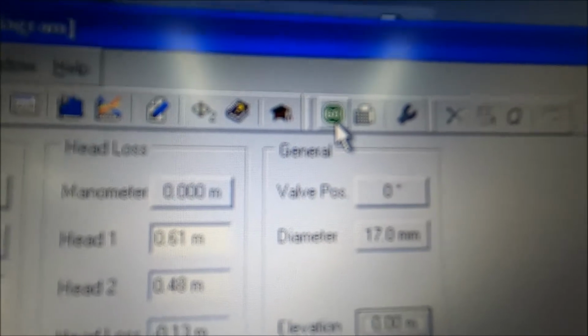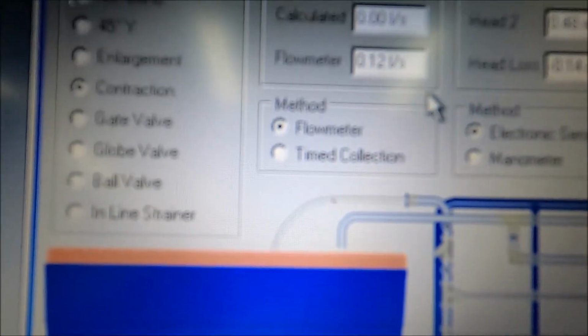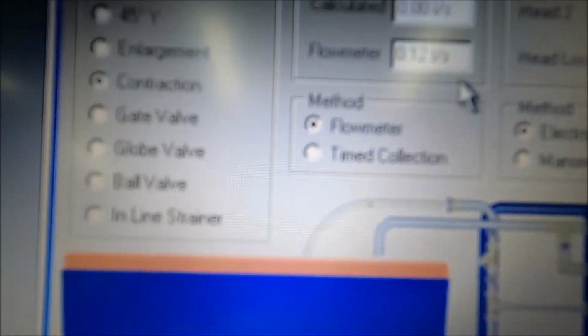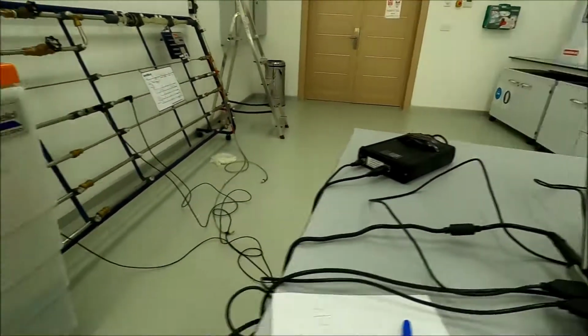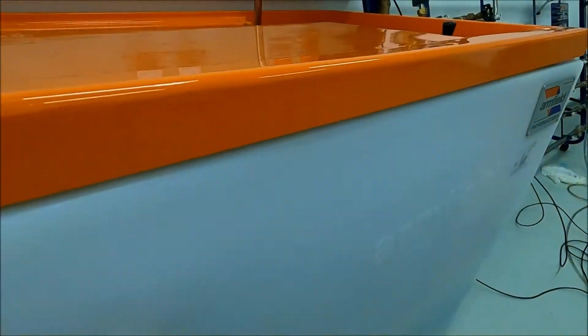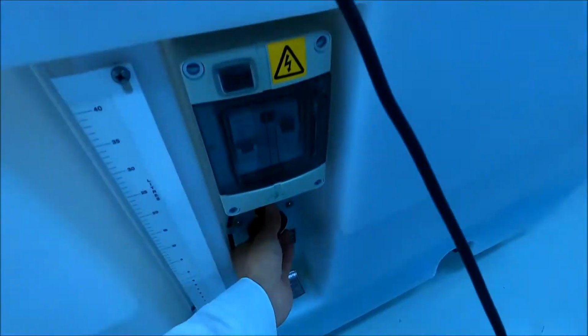We took the readings for 0.12 liters per second. Let's increase our flow rate.